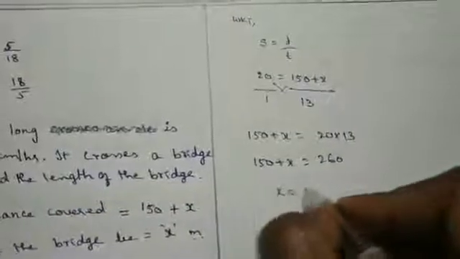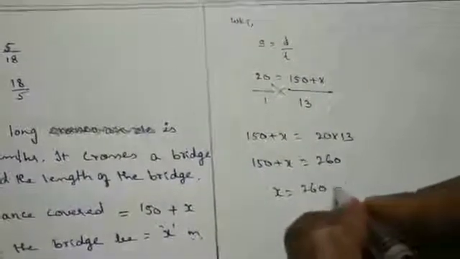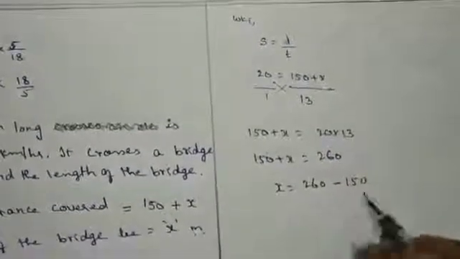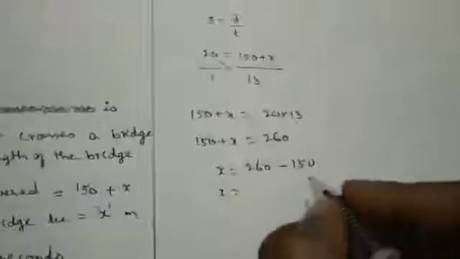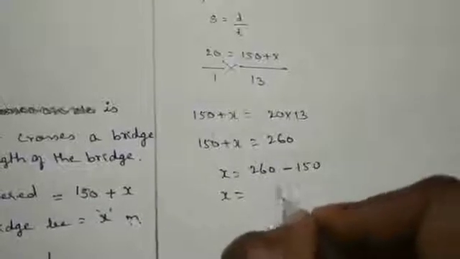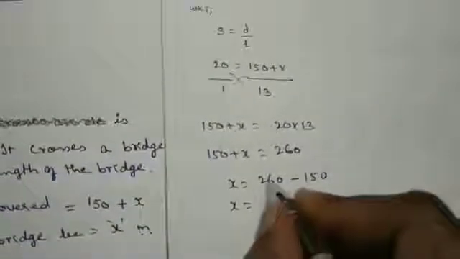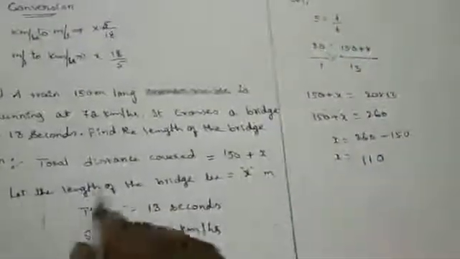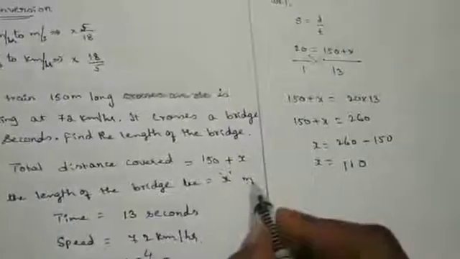Then x equal to 260 minus 150, because plus 150 changes to minus 150. Then x equal to 110. But what is x, our assumption? X is nothing but the length of the bridge, which is in meters.